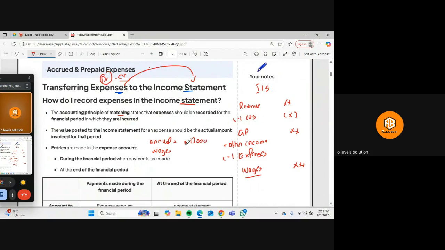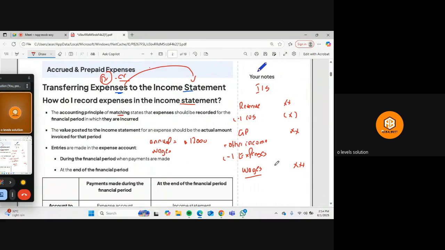That means $1,000 for one month, so annual wages will be $12,000. Even if you have not paid these $12,000, you need to write $12,000 here.